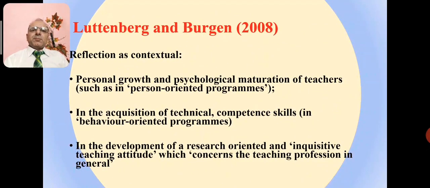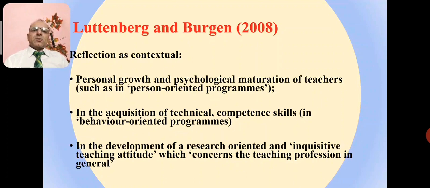Then Lauriala and Burgeon are two other writers who have come up with reflection in terms of its usefulness in bringing things into context and understanding things in their context.